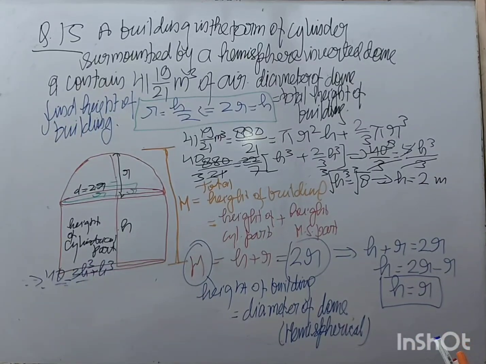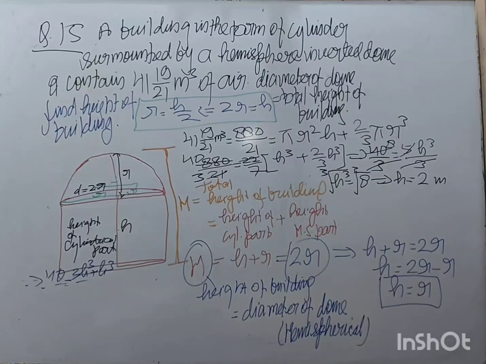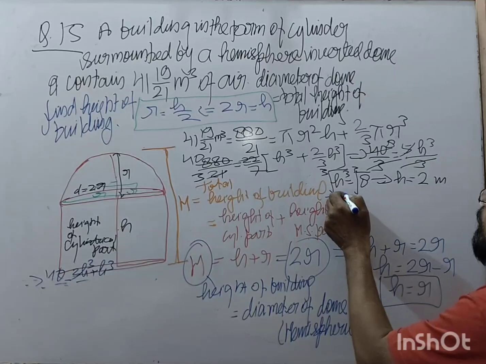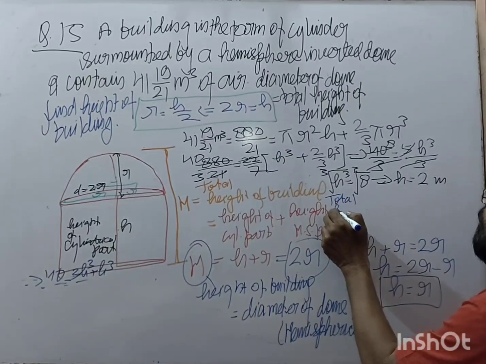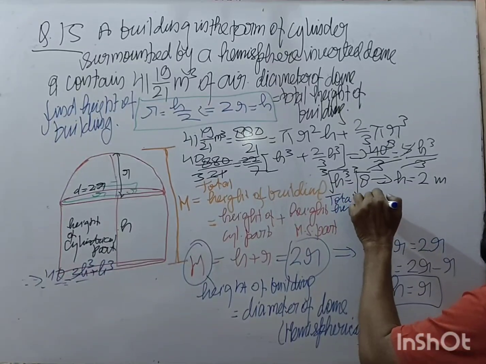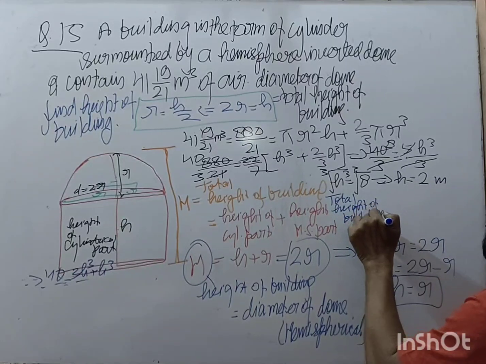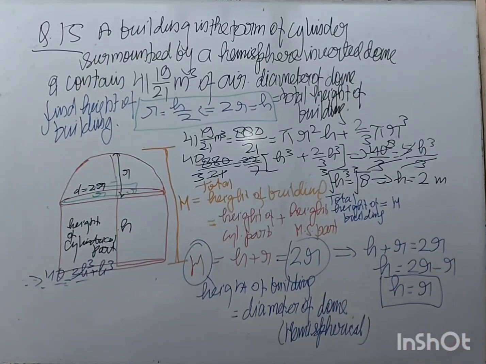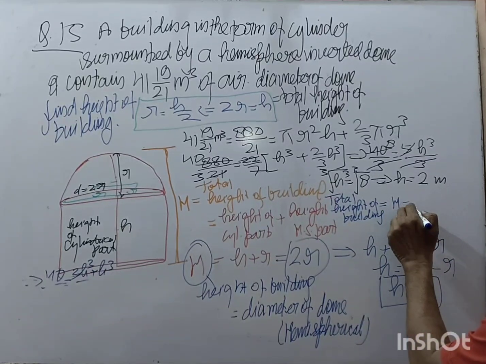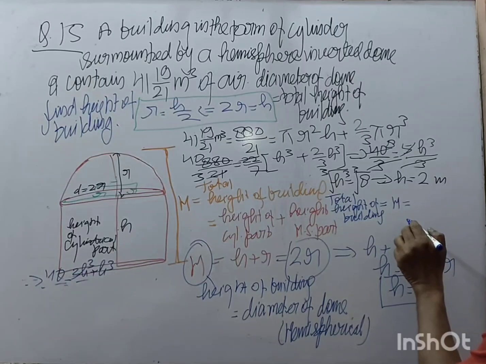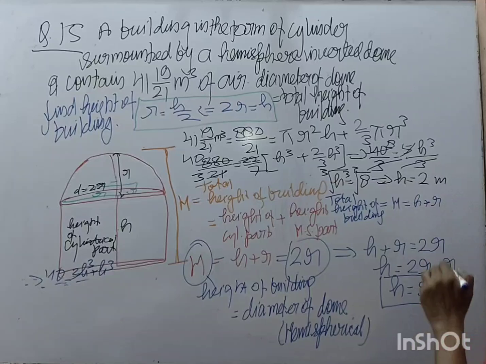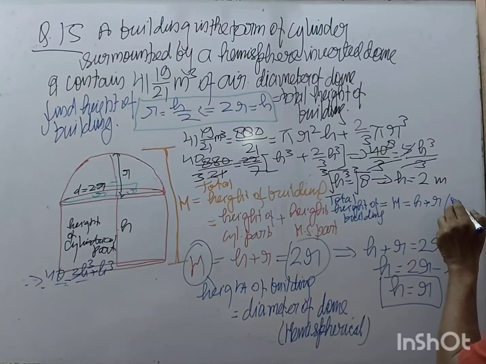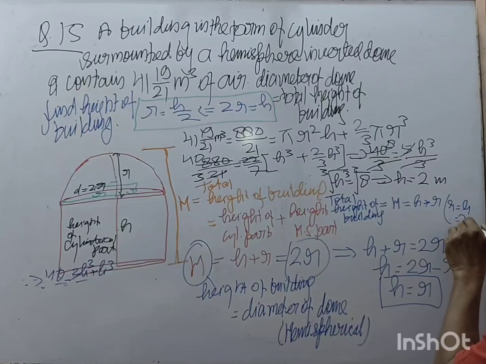And total height of building is equal to H, which is h plus r, where r is equal to h is equal to 2 meter.